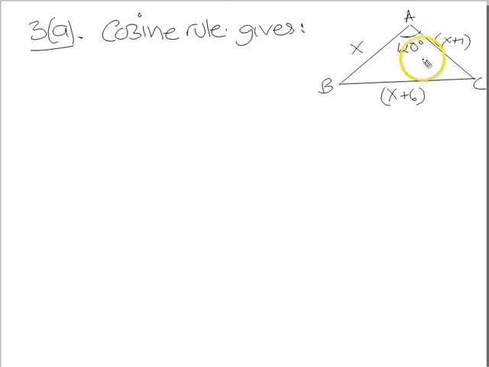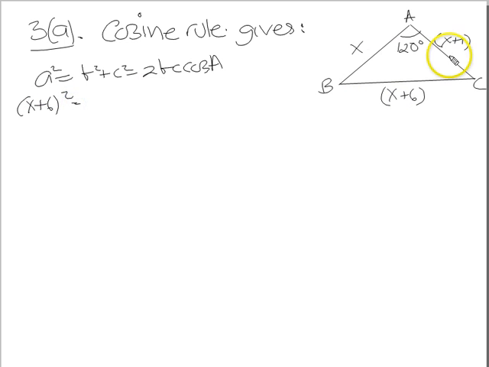So I've written out the question, so let's flick onto that then. It's pretty clear that we're going to try the cosine rule, because we've got two sides, the included angle and the side opposite that. So straight away, what strikes me is the cosine rule, and that is a squared equals b squared plus c squared minus 2bc cosine of the angle. Using that rule then, a squared is the side opposite angle A, so that would be x plus 6 squared equals b squared, the other.